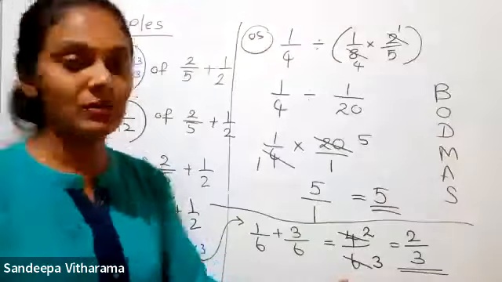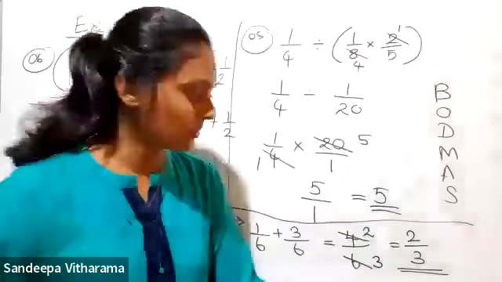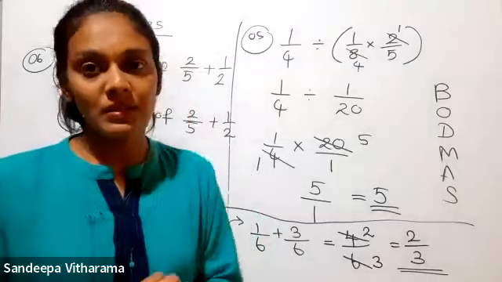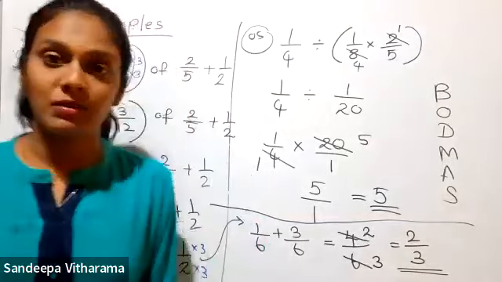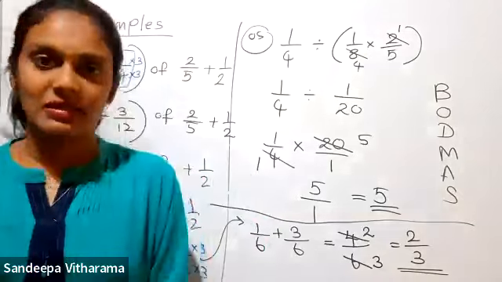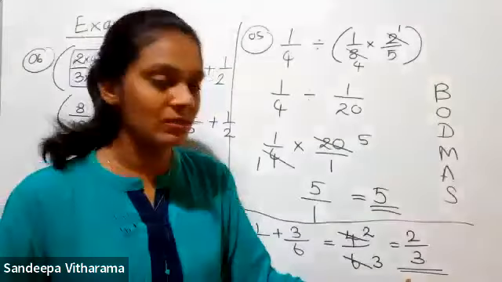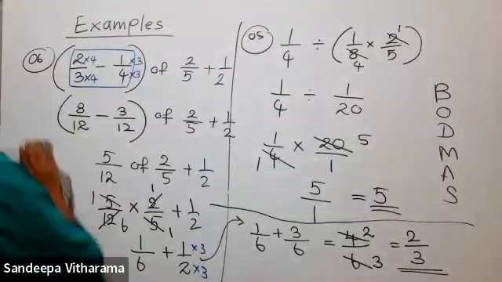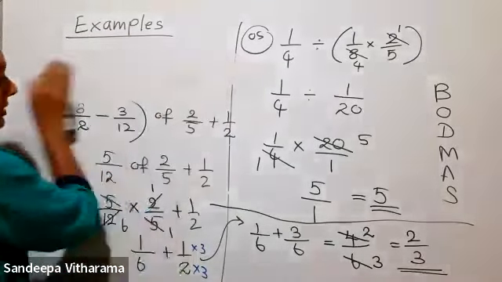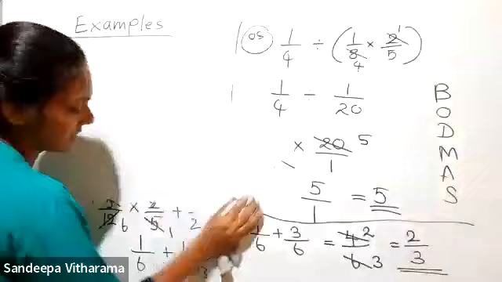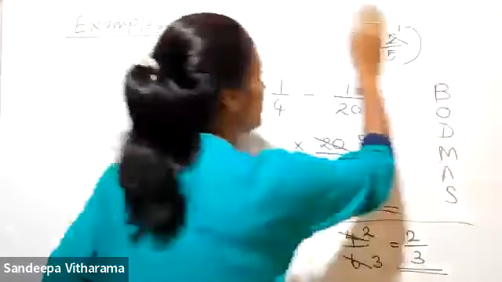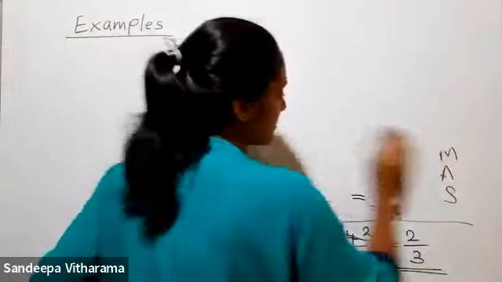Up to this one, you are given 1 mark, but for the simplification, some small amount or 1 mark will be reduced because of not simplifying the answer. Okay, that's what happened. Otherwise, your answer is not incorrect. Okay, let's move to the next question.